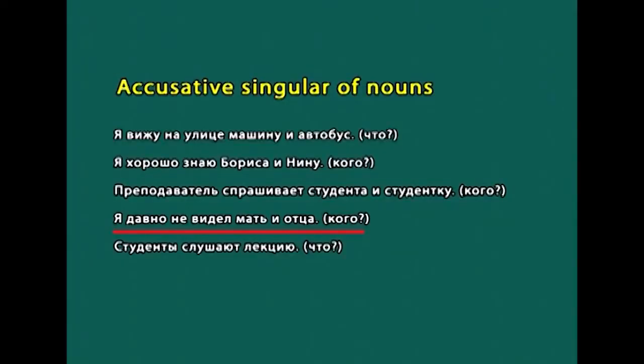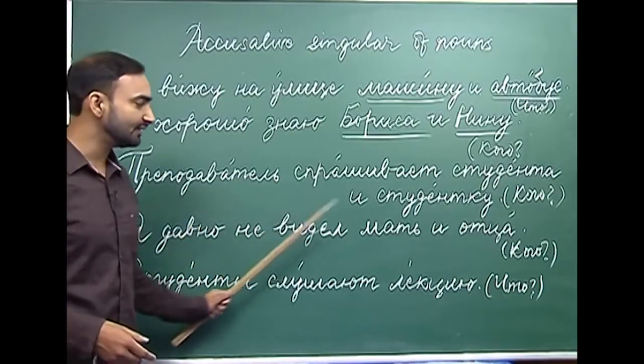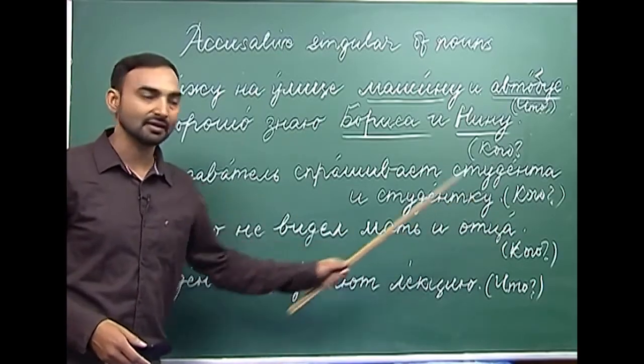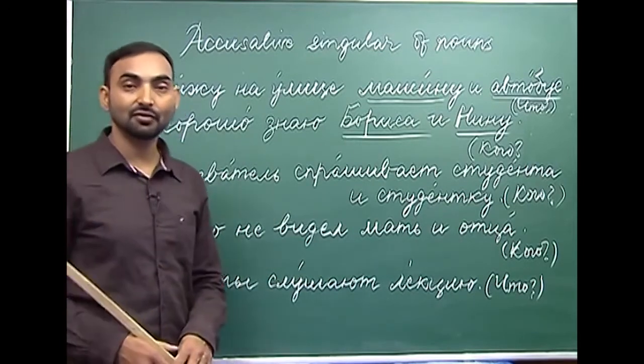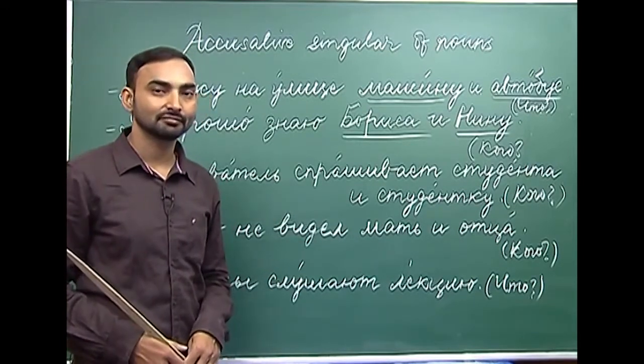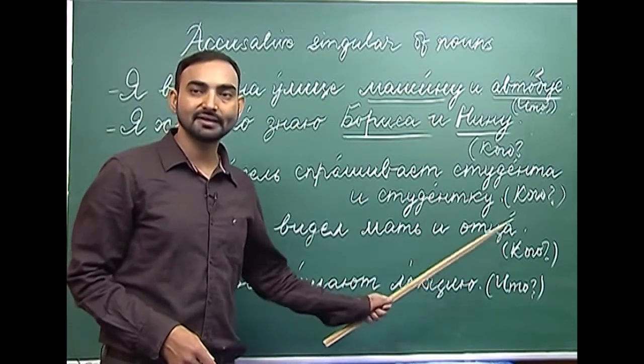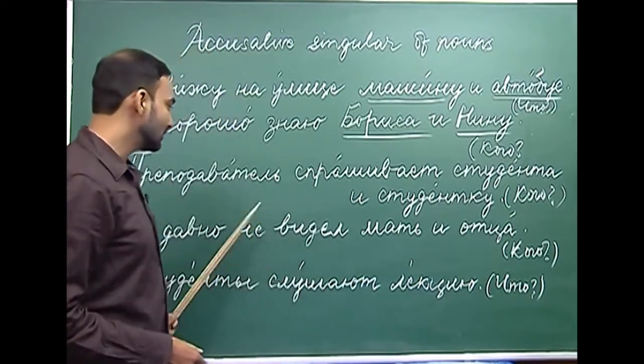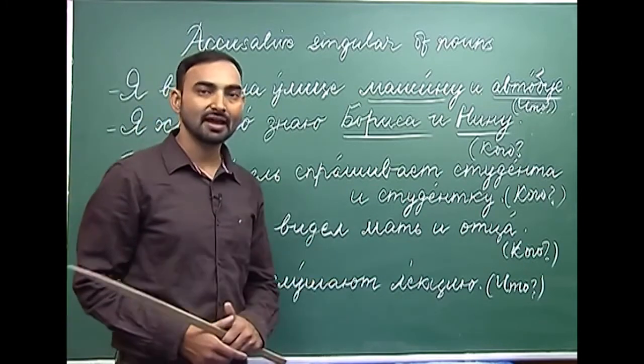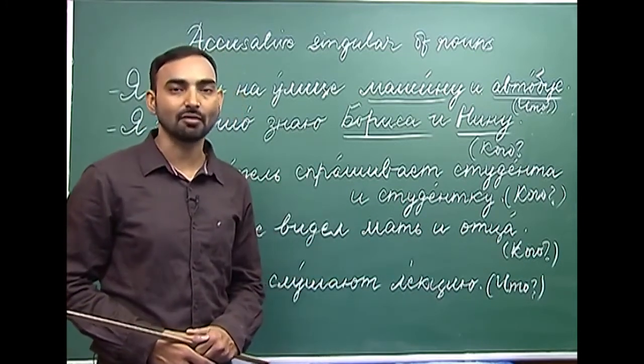Next sentence. Я давно не видел мать и отца. What is давно? Давно is since long. So I have not seen mother and father since long. So here mat has not changed its form. Why?